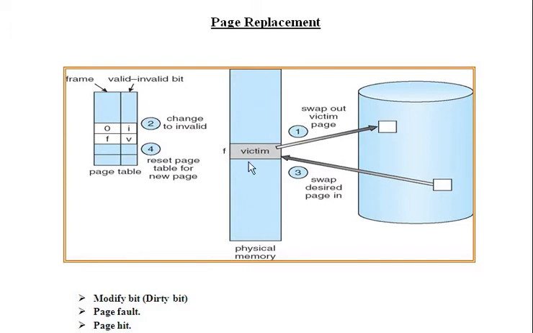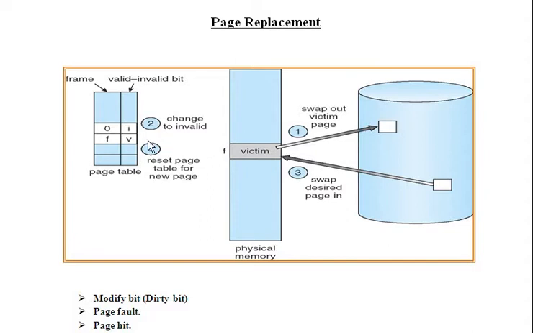Usually this victim page will be a page which is not being used by the CPU at present. Once this has been done, the desired page will be swapped in and placed in the main memory.